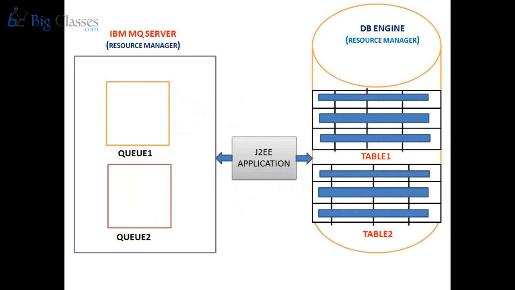Directly, IBM MQ server also can update the data into the database. For that, we have to configure the drivers to communicate with the database. In MQ series, we have a configuration file.